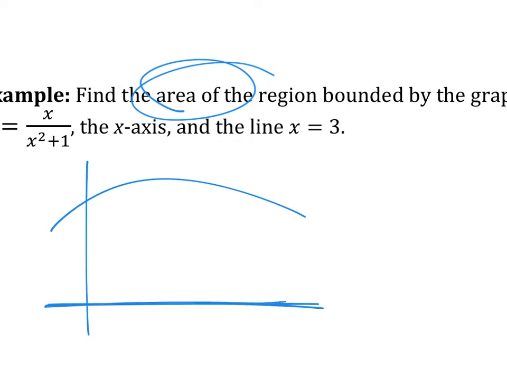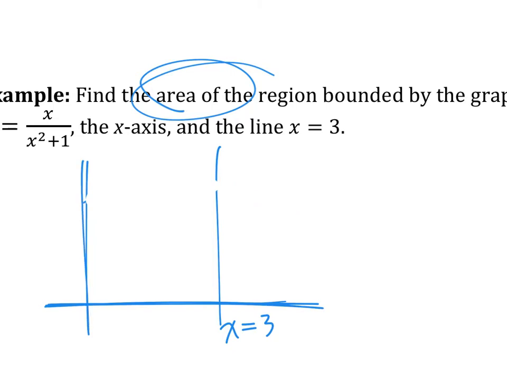X-axis and the line x equals 3. Let me see how this graph actually looks like. I mean, it ends at 0, 0. But they should still give you a starting point. So I think they probably just meant y-axis. They didn't say it. So from 0 to 3.